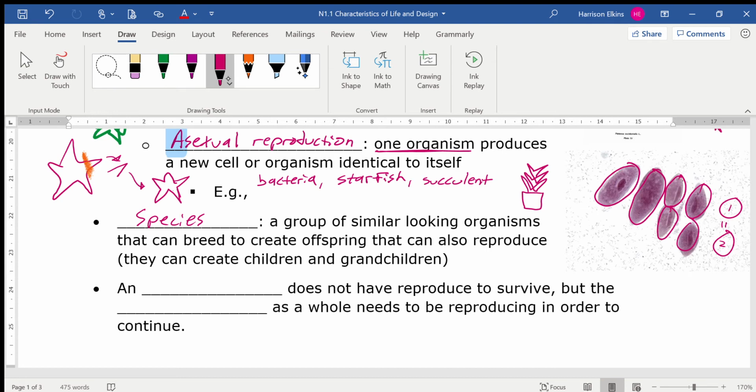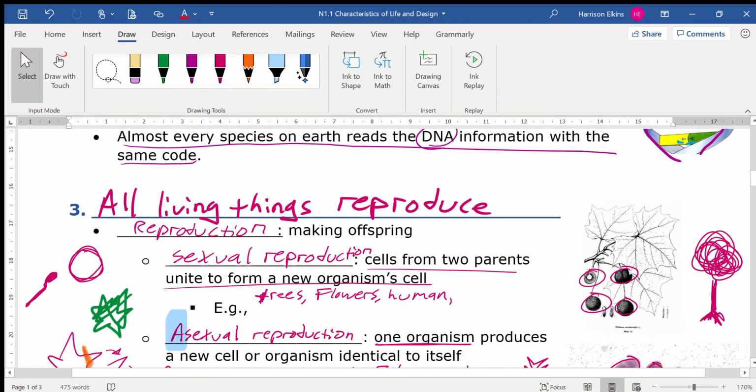So here's an interesting thing, though. We're saying that all living things reproduce, but there are a lot of individual organisms that don't reproduce. What about the person who never has kids? Am I saying that person is not alive?